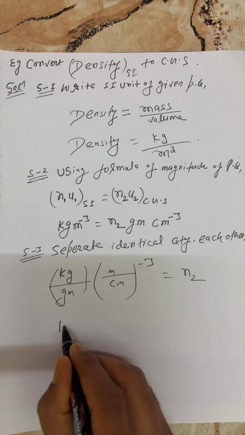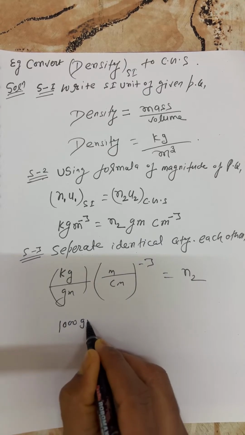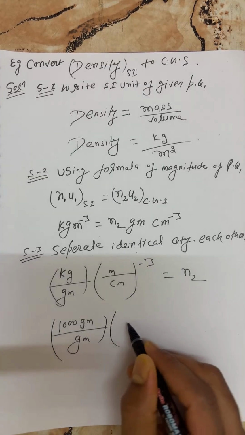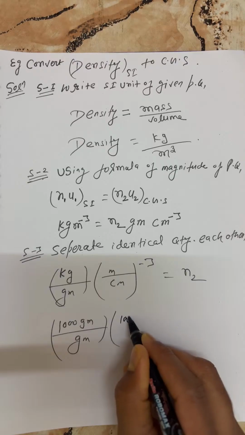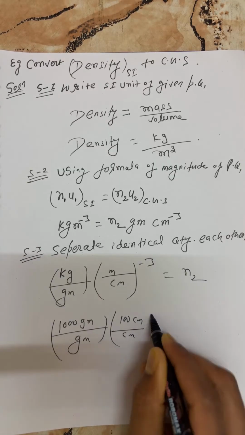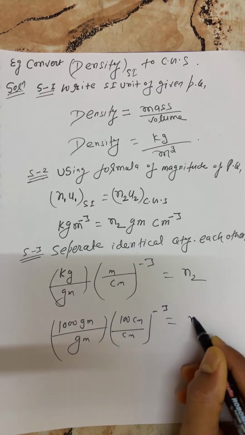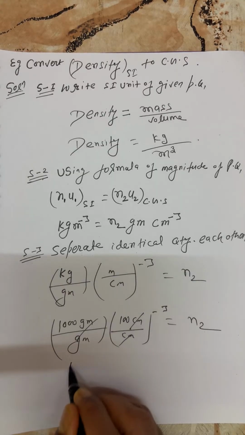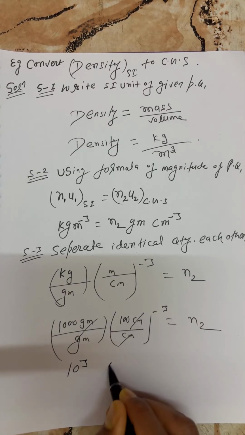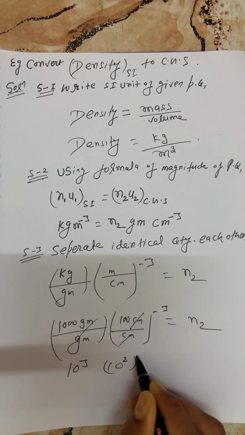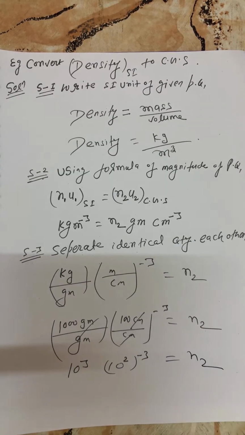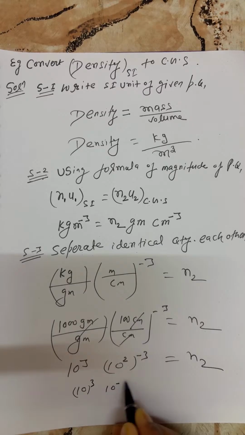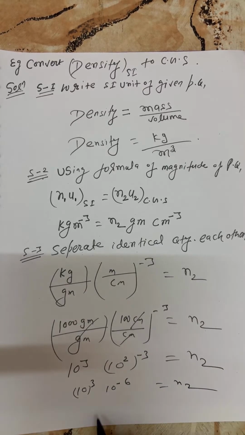So for kilogram, I'll write 1000 gram. Then for meter, 100 centimeter to the power minus 3 equals n2. You can see the cancellation. So this is 10 to the power 3, and this is 10 to the power 2 to the power minus 3, equals n2. So you can write 10 to the power 3 and 10 to the power minus 6, which equals n2.